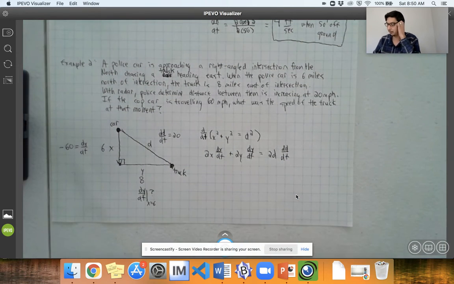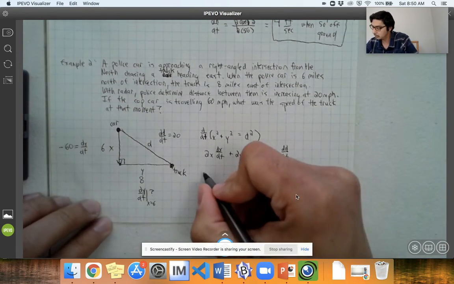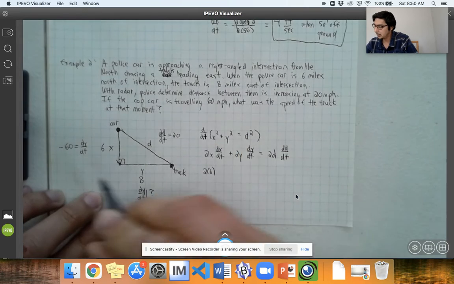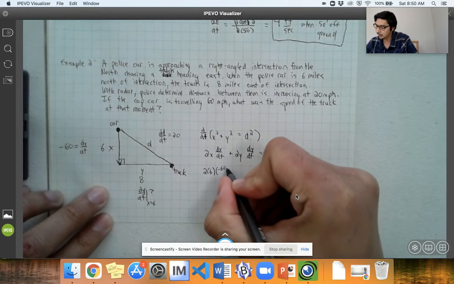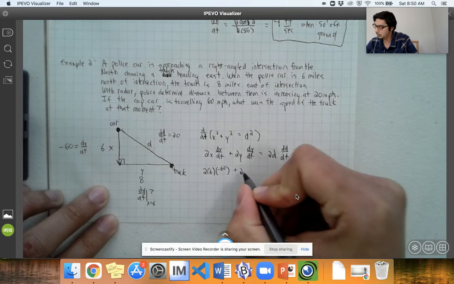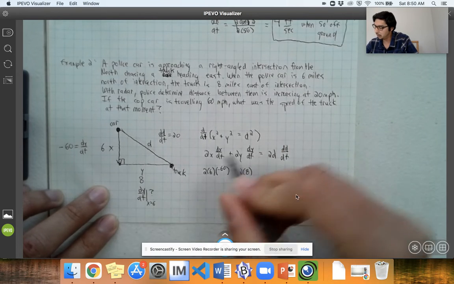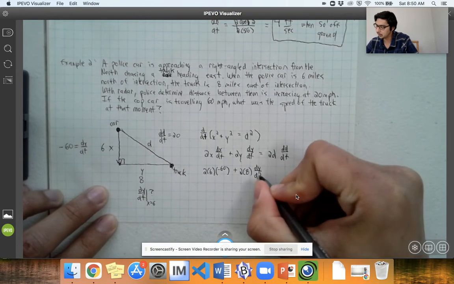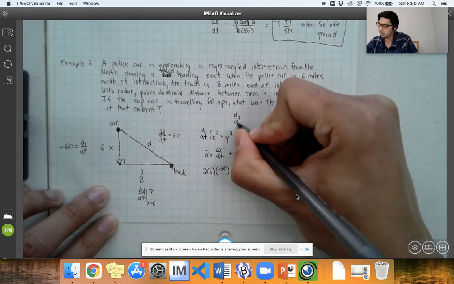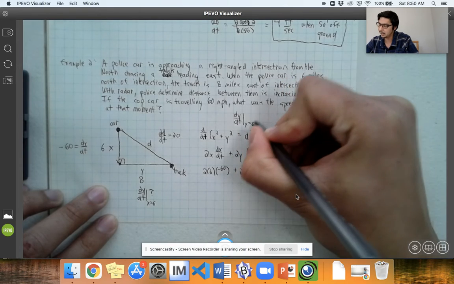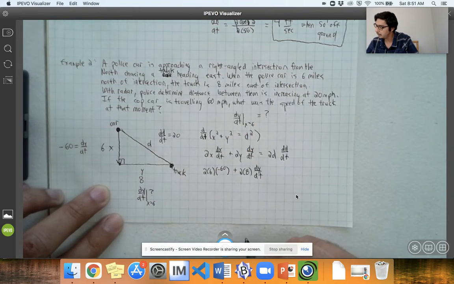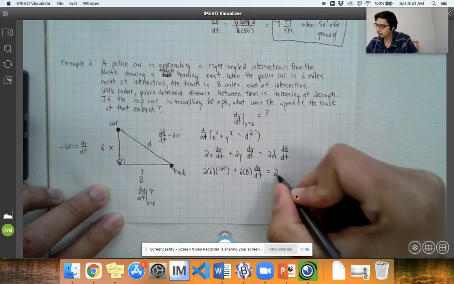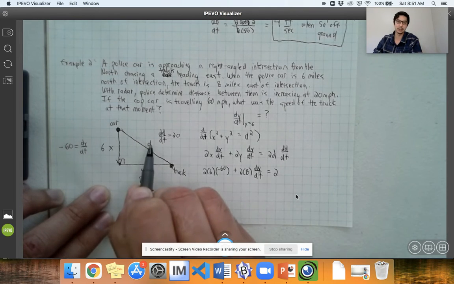Okay, now plugging in what we know, we would have 2 times 6, and that's traveling at negative 60 miles an hour, plus 2 times 8, and we don't know dy dt, that's what we're trying to solve here, right? This was what is dy dt at x equals 6. And that is equal to 2 times d. Now, what's d? Because it's Pythagorean theorem, we could solve for this.